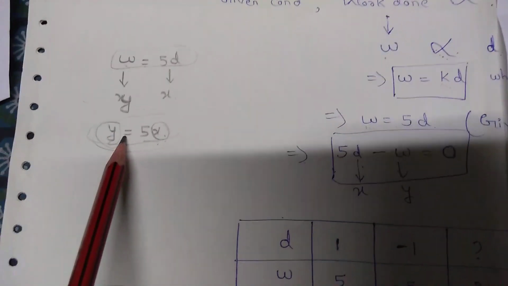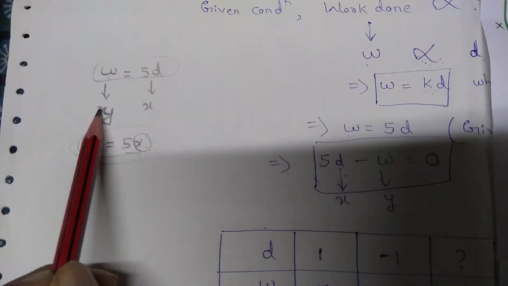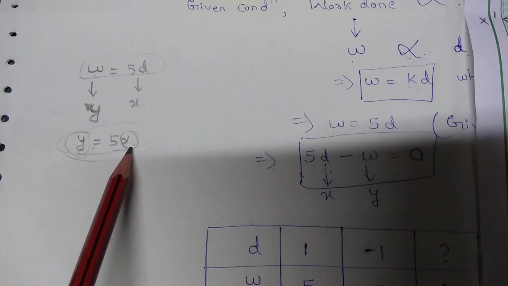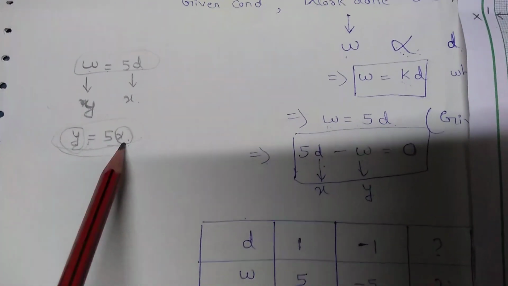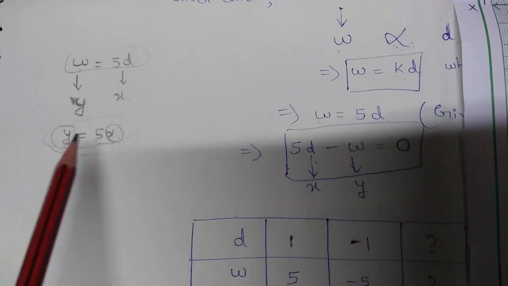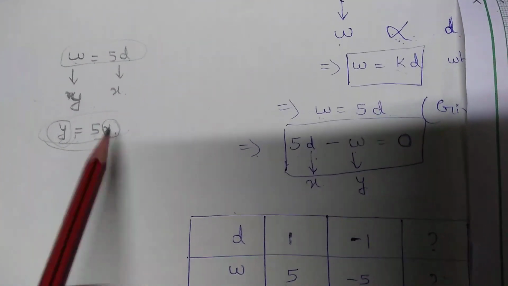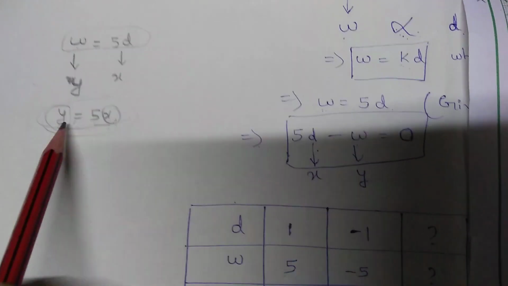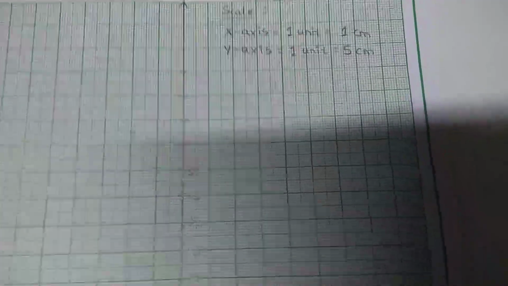Since we got y is equals to 5x and we have taken the x axis as 1 unit equals 1 centimeter, we will take 5 times the scale of the x axis. So I have taken the y axis as 1 unit equals 5 centimeter.